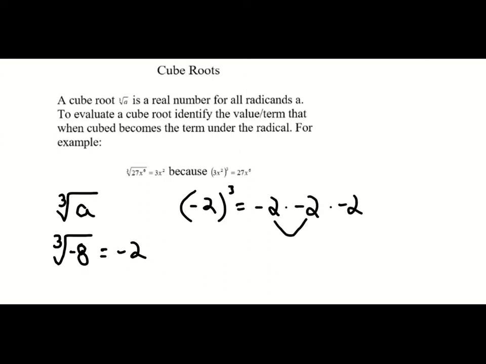We know that 2 negatives make a positive, but then I have to multiply times that third negative, which is going to give me that negative 8. So the radicand for a cubed root or any odd index can be a negative or a positive number. And then if it's a negative number, your answer will be negative. If it's a positive number, your answer will be positive.